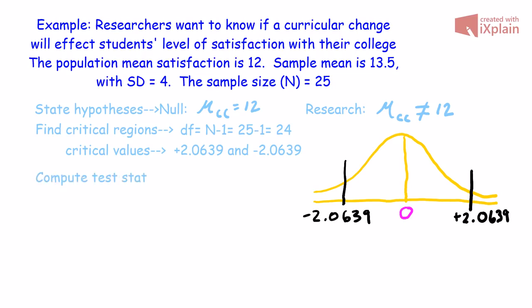The next thing to do is to compute the actual statistic. We're going to use the, excuse me, we're going to use the t-test formula. And I made a mistake there. That should be SD.